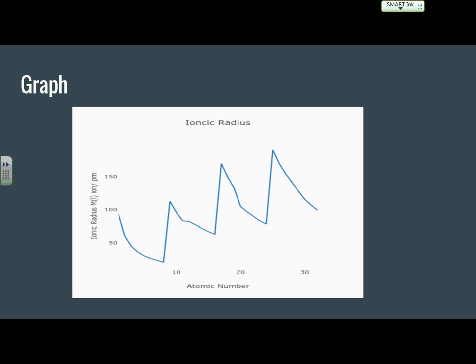Okay, so the trend of ionic radius going from left to right is that it decreases, because there are more protons than electrons, so the electrons are closer to the nucleus. And going from top to bottom, it increases because there are more electrons and protons, causing the energy levels to fall.